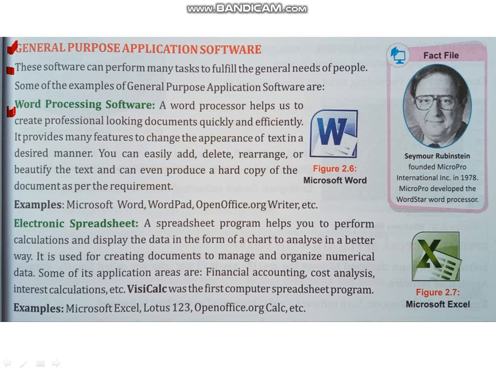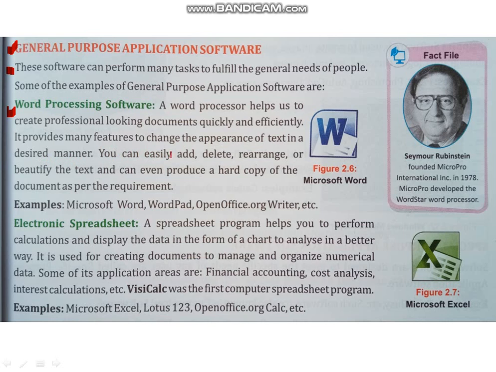First is word processing software. A word processor helps us to create professional looking documents quickly and efficiently. It provides many features to change the appearance of text in a desired manner.